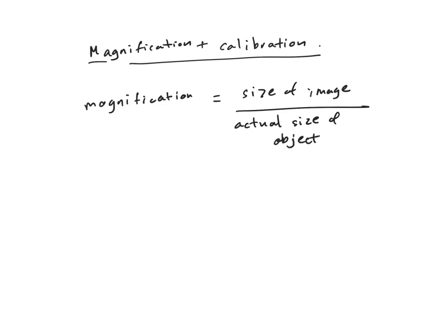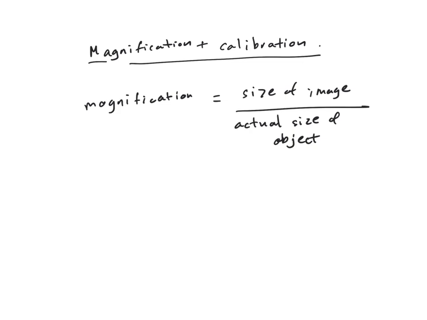Now, in reality, the size of the image actually refers to the length of the image as measured, for example, with a ruler. So you do need to change the units of measurement to that of the actual size of the object. And as with all mathematical formulas, we can rearrange it to find the size of the image or the actual size of the object.